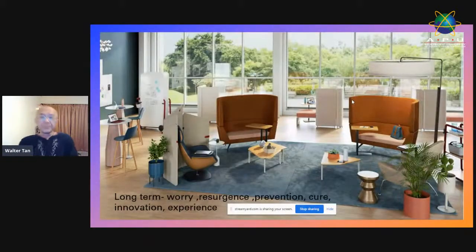Now in the long term, people still worry about the resurgence of the virus. In Australia, especially in Melbourne, the second wave is coming. In America, the first wave is not finished, and other cities in the south, like Florida, have a lot of COVID patients now.